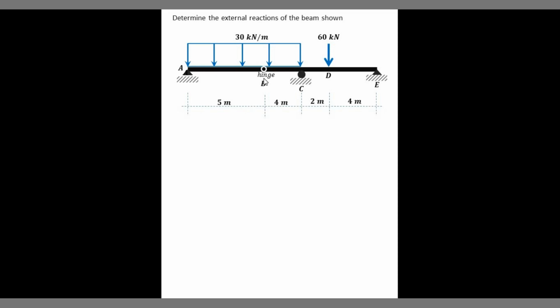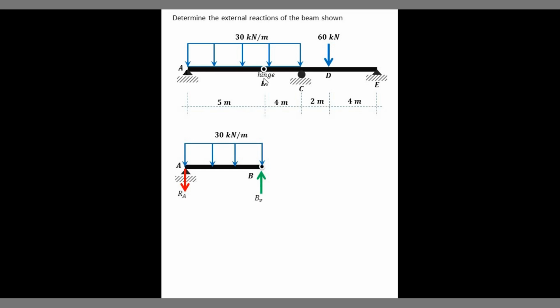So, for beams with internal hinges or internal pins, the first thing you have to do is separate the beam at the hinge. It's up to you whether we analyze the left or the right side first. In my case, I'm going to analyze the left side of this beam, which is A to B.